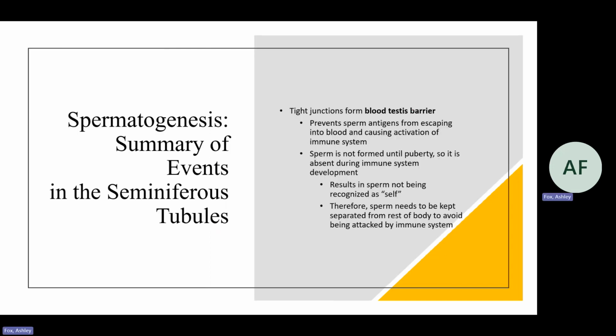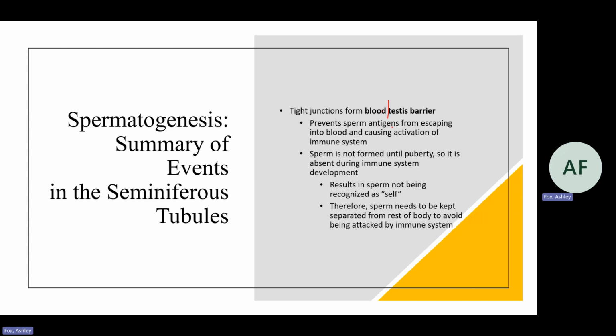Why are these tight junctions important? They produce what we call the blood-testes barrier. So you're actually dividing the blood and keeping it away from where sperm is being produced.